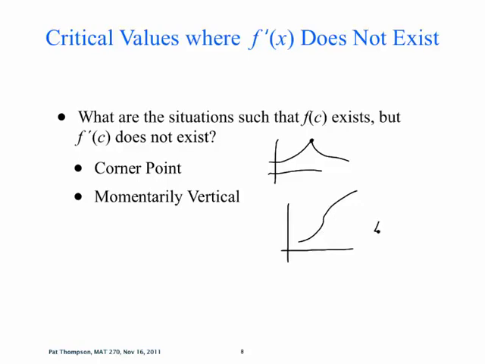It's like delta y over delta x, where delta x is 0. You're going to get a change in y for a 0 change in x, undefined. So that's also a critical point. Be aware that those give critical points as well.